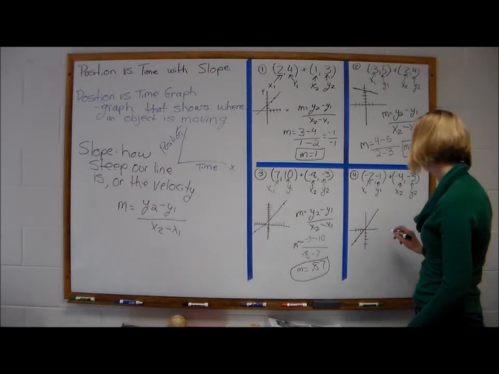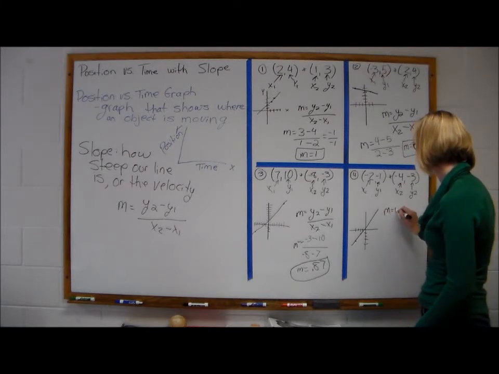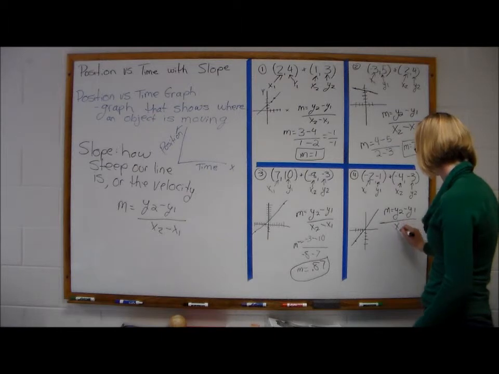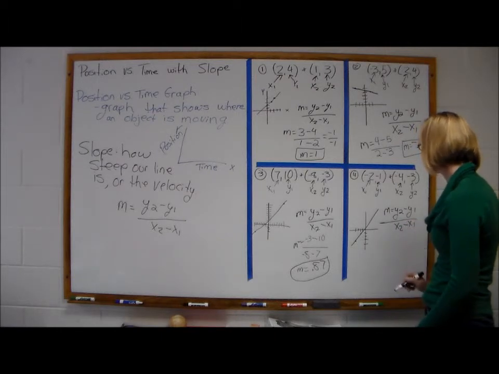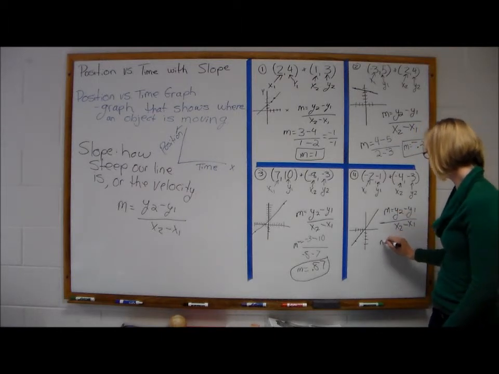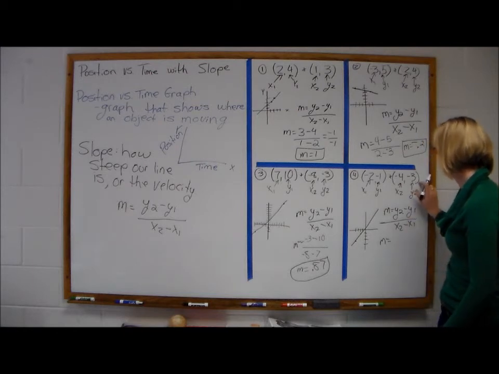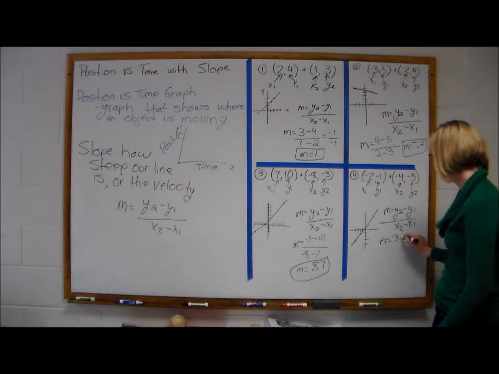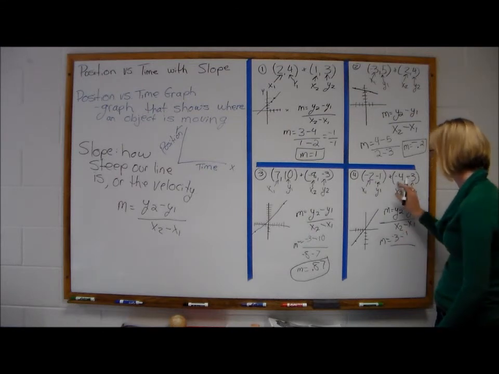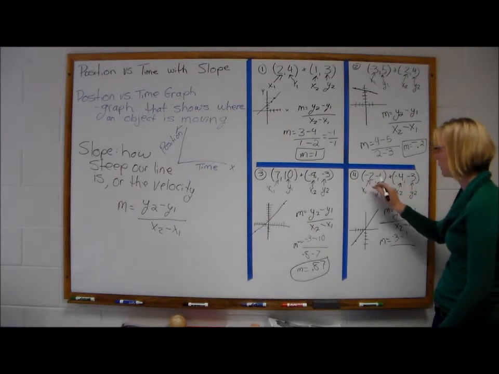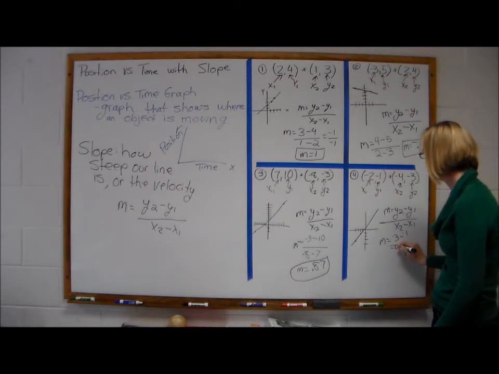We're going to plug in our formula. So m equals y2 minus y1 divided by x2 minus x1. Plug in what we know. M equals -3 minus -1 divided by -4 minus -2. In this case, we get slope equals 1.